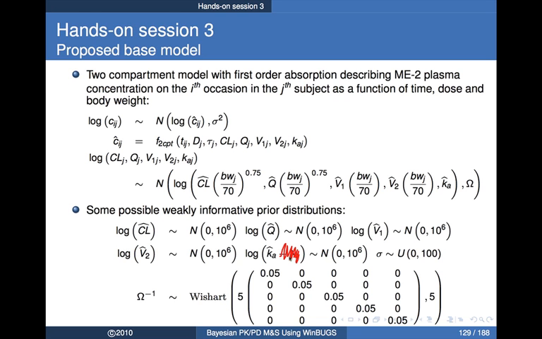So we'll simply model log Ka with a log normal prior, but we're not going to put any constraints other than that it has to be non-negative. And as a first pass, also eliminate the dependence upon body weight. Just knock that out and do it that way.